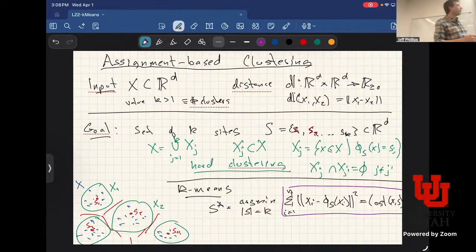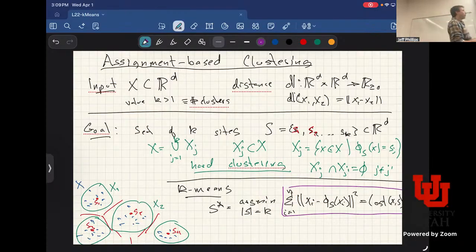The distance is encoded in here because that's this two norm, the distance between the point and its assigned site. We have to trust that this distance makes sense. And then this sum of the squared errors is a pretty common thing we're seeing throughout this semester. It's kind of the most common form, but it's not the only way to do this either. And we're also doing this assignment-based clustering where we're representing every cluster by a single point representative. There are some versions that don't try to do that, and that gives them more flexibility.